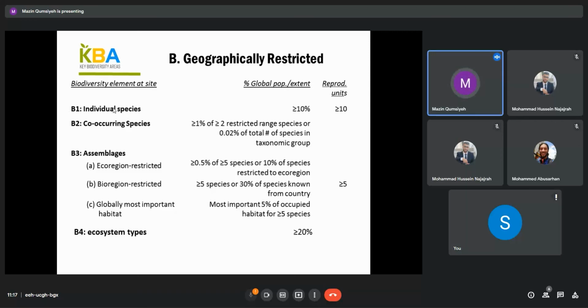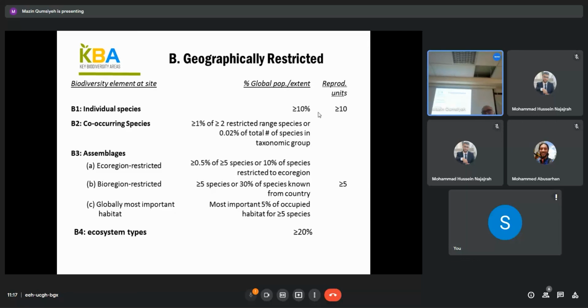If you consider, let's take again the iris, several sites have at least 10% of the global population of one species of iris. So these sites, they qualify for KBA at the global level.